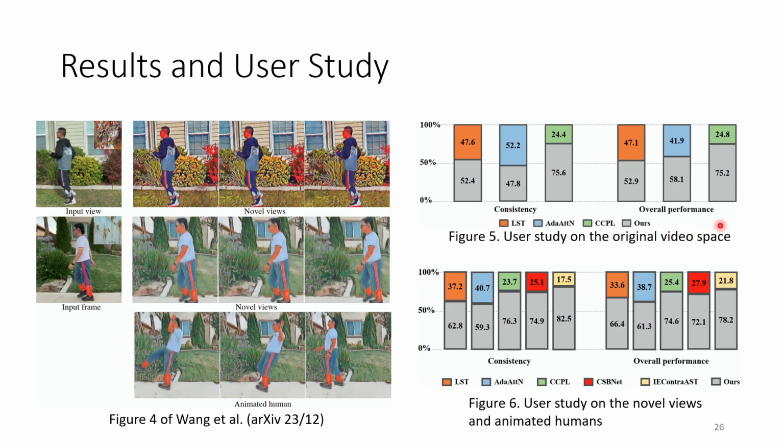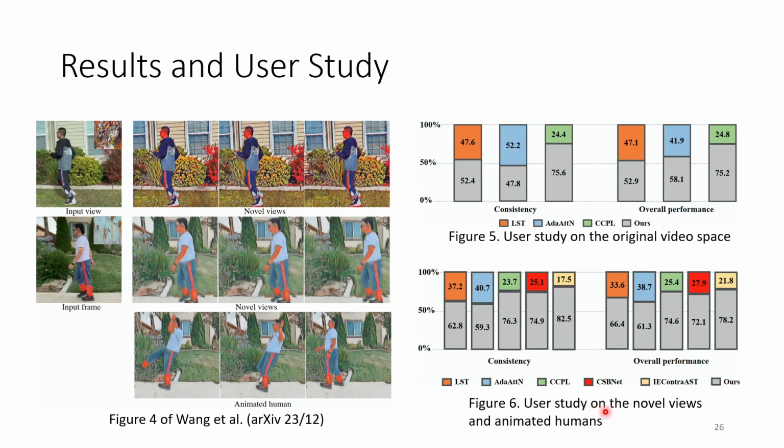The first is the original video space. From this chart, you can find their performance is only slightly better than some existing methods. For this case, their performance is even slightly worse than an existing method.